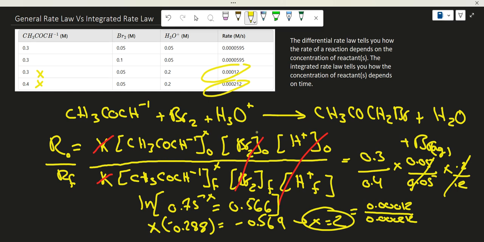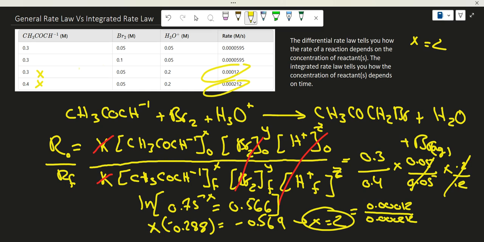So remember, these also have powers, so this is going to be y and this is going to be z. You calculate out the y and the z, because the concentrations for hydronium and bromine are equal. So we just write on the side the CH3COCH minus, it has the x and it's going to end up being 2.